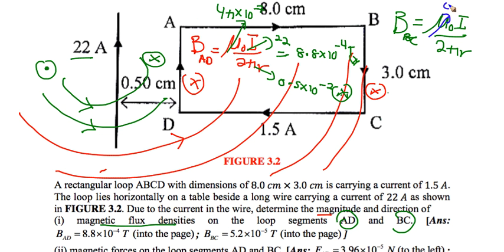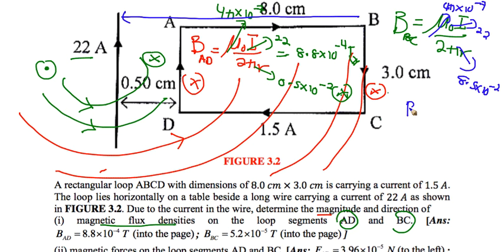Mu naught is the constant 4 pi times 10 to the minus 7, I is 22 ampere, and r, the distance from BC to the wire, is 0.5 plus 8.0, meaning 8.5 cm, converted to meters with 10 to the minus 2. If you use the calculator, the magnetic field at BC is 5.2 times 10 to the minus 4. The unit is Tesla.